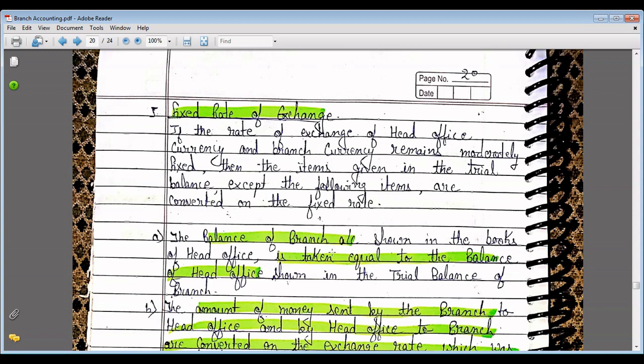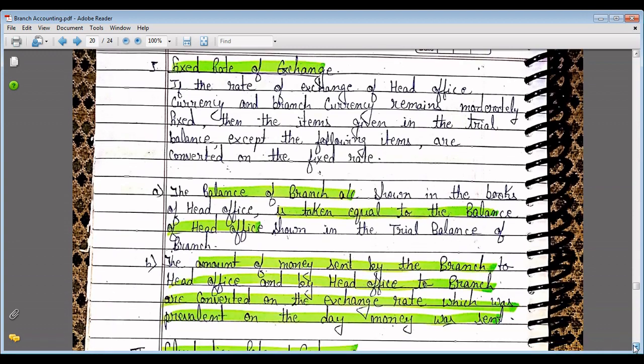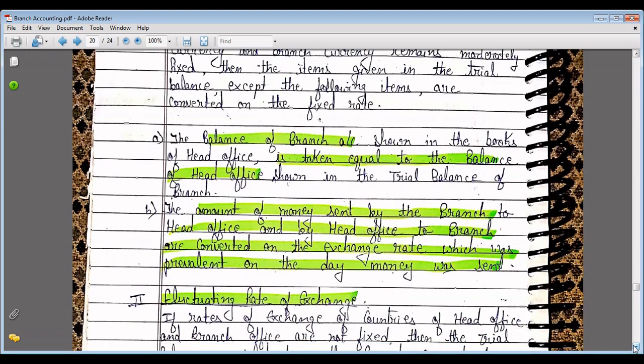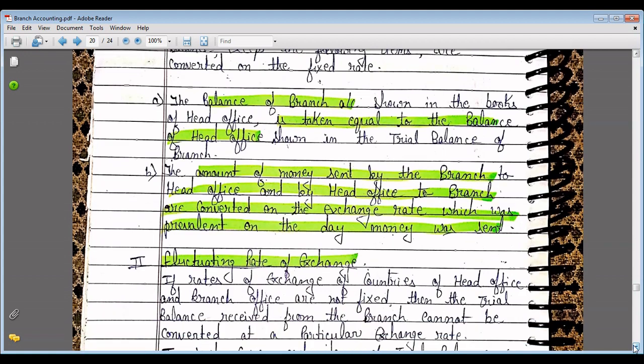The balance of branch account shown in the books of head office is taken equal to the balance of head office shown in the trial balance of branch account. And the amounts of money sent by the branch to the head office and by head office to the branch are converted at the exchange rate which was prevalent on the day the money was sent.